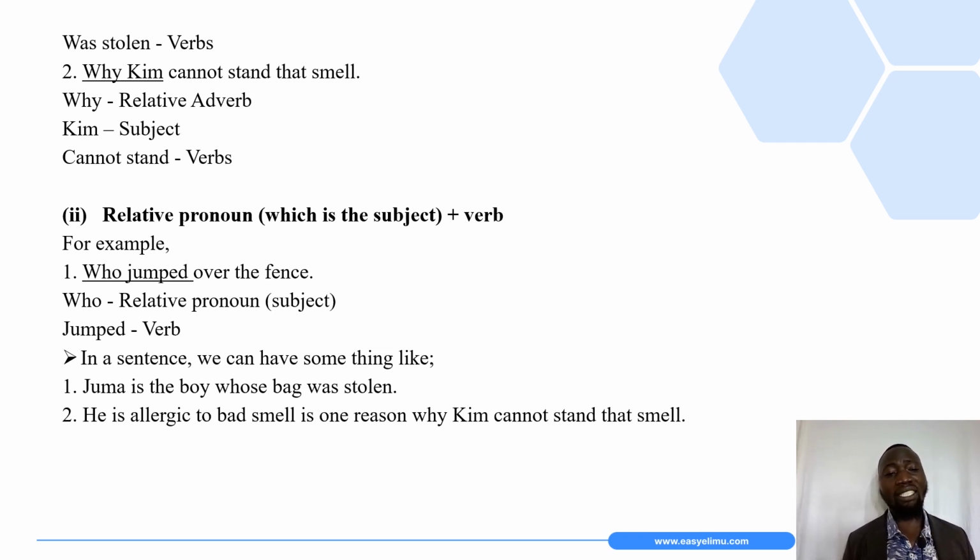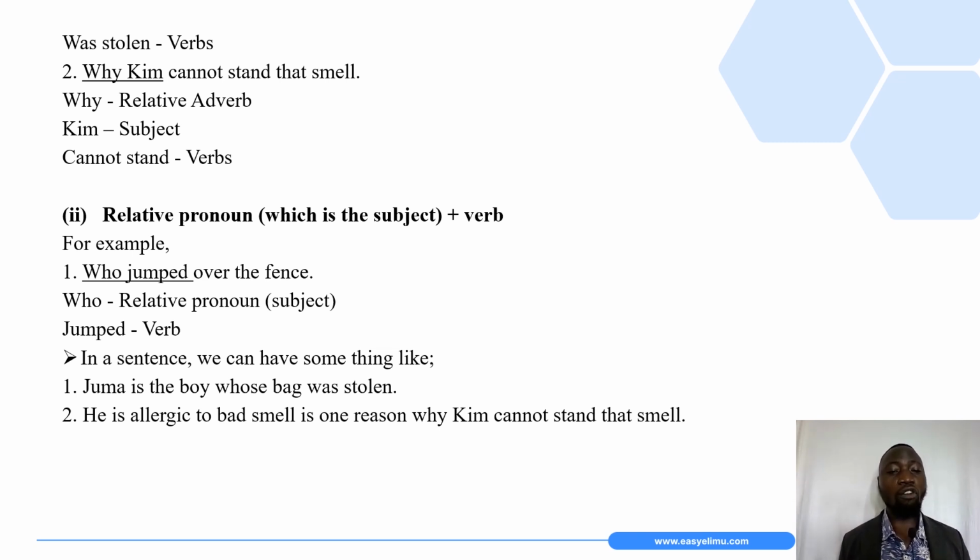The second pattern is a relative pronoun, which in this case is also acting as the subject of the verb, plus the verb itself. In the example below, there is the relative pronoun who, then the verb jumped.